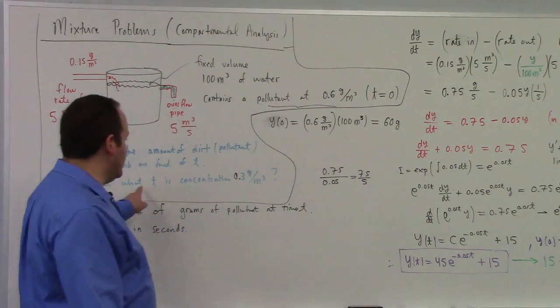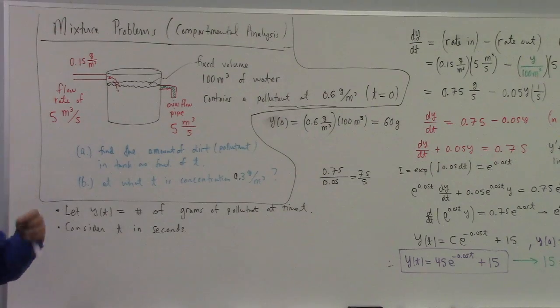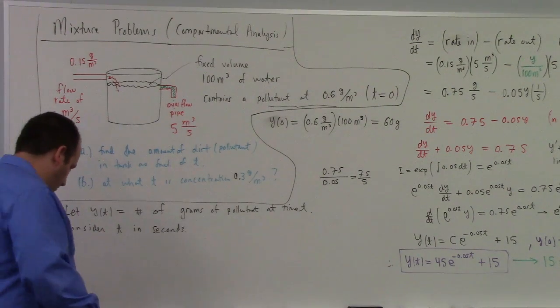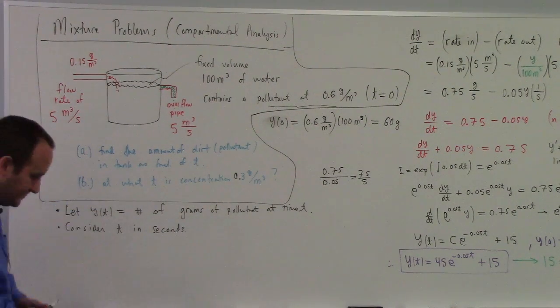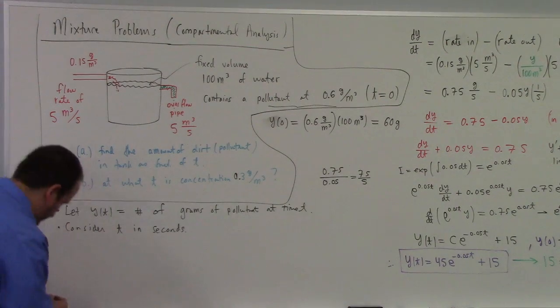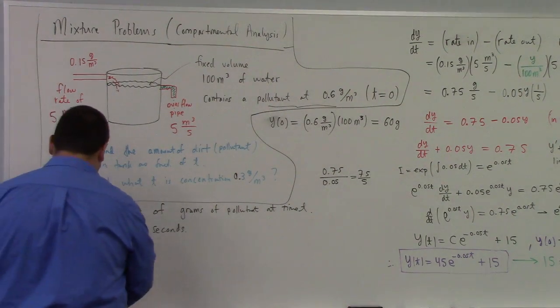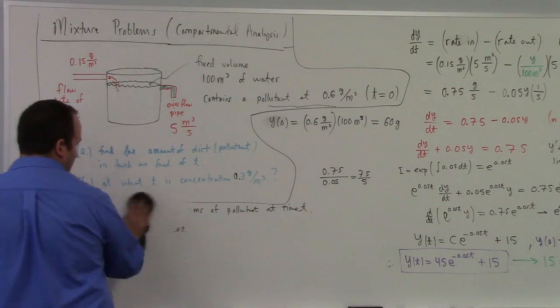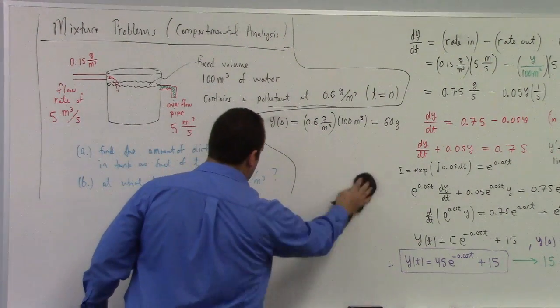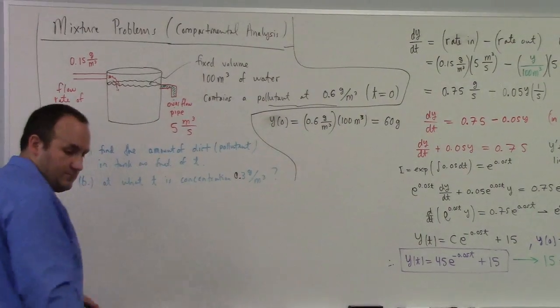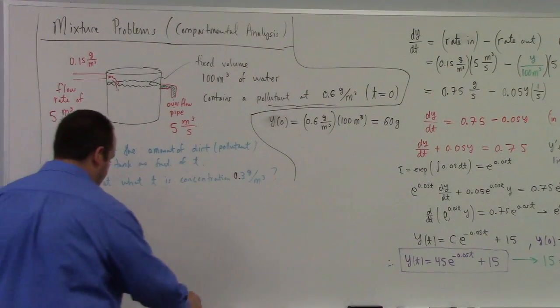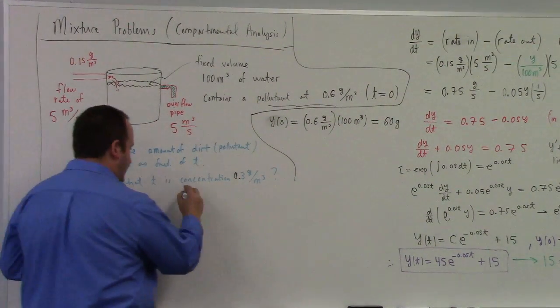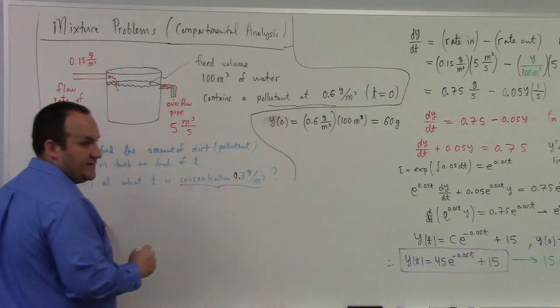At what time is the concentration 0.3 grams per cubic meter? How would you figure that out? I'm going to do it over here, since we already know what I have down here. I can safely erase that. A little bit tricky, right? What does it take to achieve that concentration?